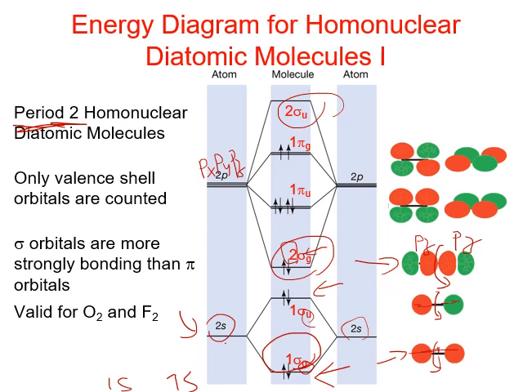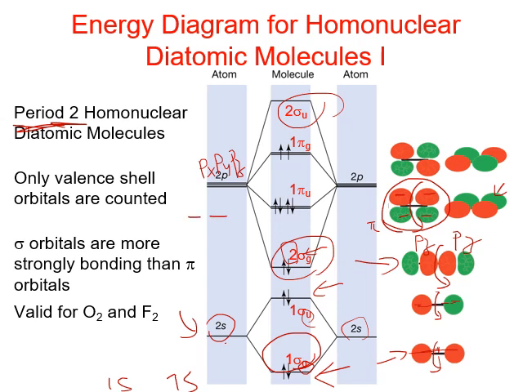Now the px forms a pi bond. Here is the interaction. It's a pi bond because when you rotate, it changes sign, red to green, red to green. Same as this one, coming from the py orbital interaction. So you have 2 pi bonds of the same energy. It's better to draw it like this.